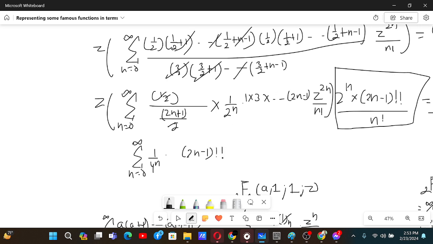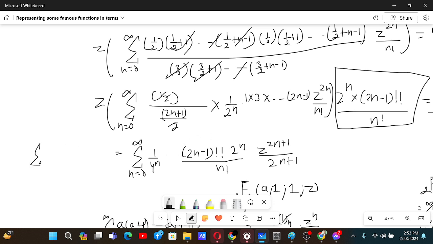And since I have written 4 to the power n over here, I can write 2 to the power n over here, by n factorial, and I can write 2n plus 1 over here in the denominator. I can take g inside, so I have g to the power 2n plus 1 by 2n plus 1. Yeah, so now we know that this is just the central binomial coefficient.